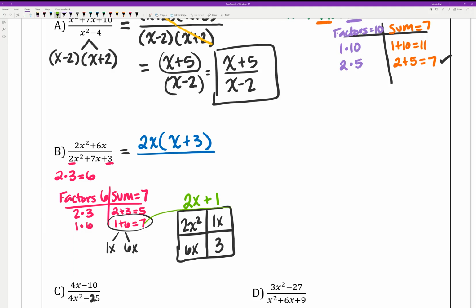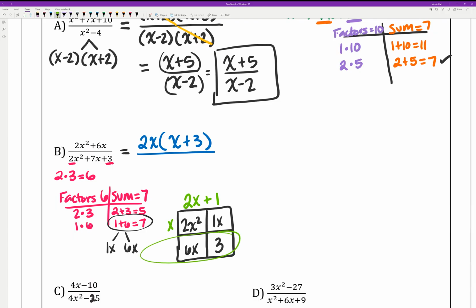Now I'm going to factor out the GCF from the top row. 2 and 1 has a greatest common factor of 1. And then we have x squared and a singular x. I can factor out or divide out 1x. Now the 1 at the front of that doesn't do anything, so I took the 1 away.